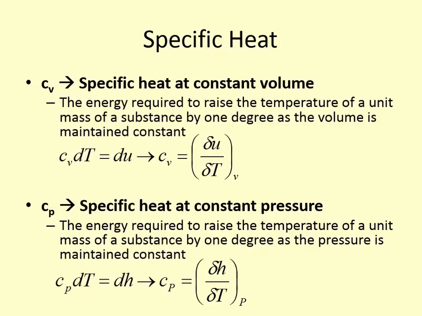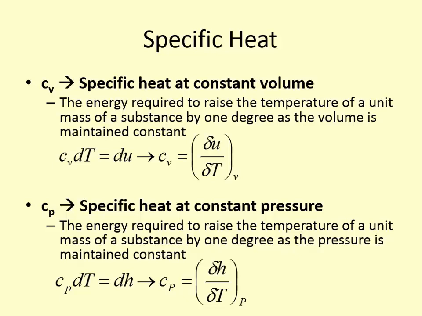If we have a process that's occurring at a constant volume, like a rigid tank, then it's going to require a certain amount of heat to raise the temperature of that tank. That will be different than if we had the same substance in a piston cylinder device. So in one of these cases, it's a constant volume process, and the other case is a constant pressure process.